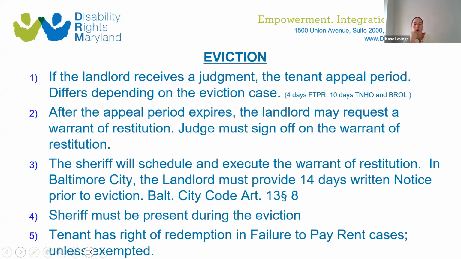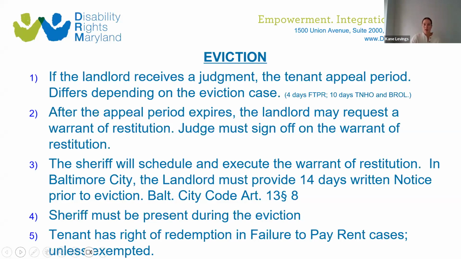Okay, so I may have already covered this, but I'll cover it again because it's really important. We're at the point where a complaint has been filed, tenant and landlord go to court, and the judge enters a judgment for possession for the landlord. The tenant has an appeal period.